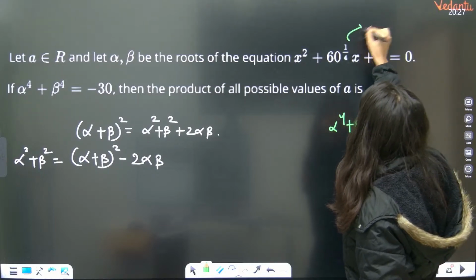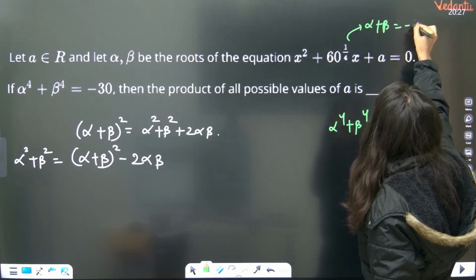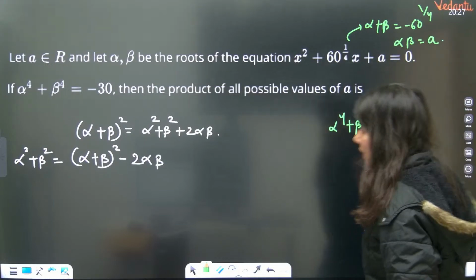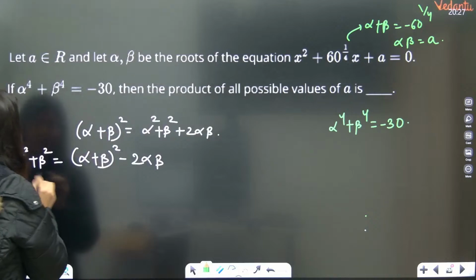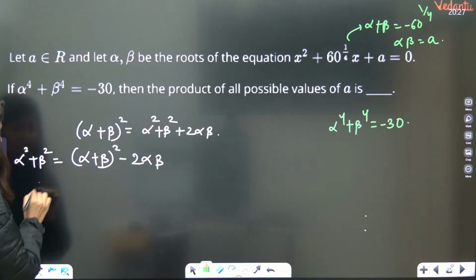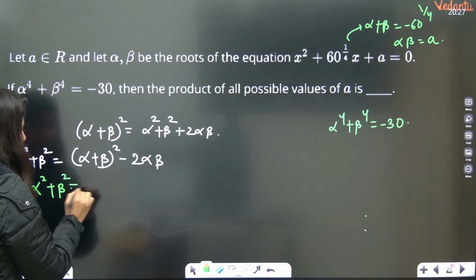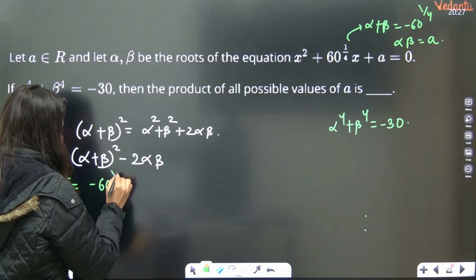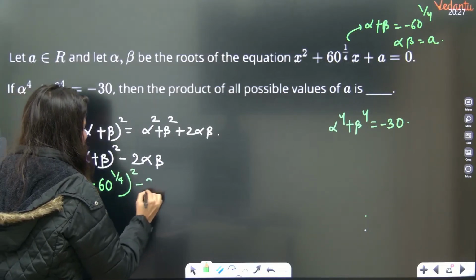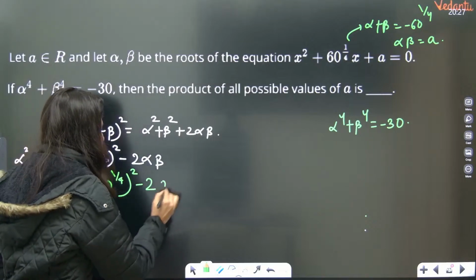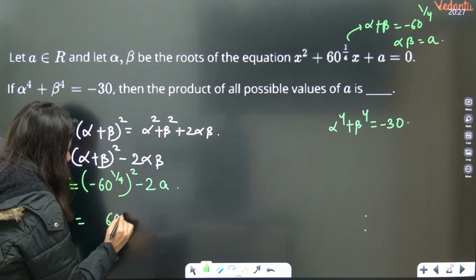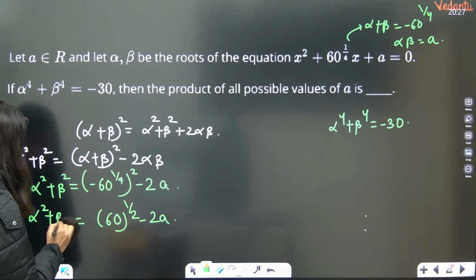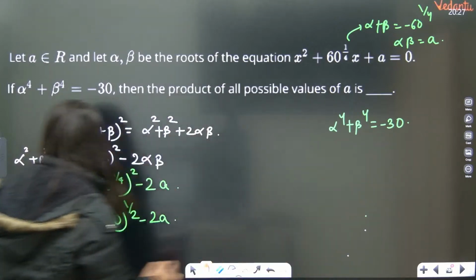And from here we can say that the sum of roots is minus 60 power 1 by 4. Product of roots is equal to A. So alpha square plus beta square, if you try to calculate, alpha plus beta whole square. So this is going to give you minus 60 power 1 by 4 whole square minus 2 alpha beta, and alpha beta is nothing but A. So this is 60 power 1 by 2 minus 2A, which is alpha square plus beta square. Now one more time we should be squaring both the sides.